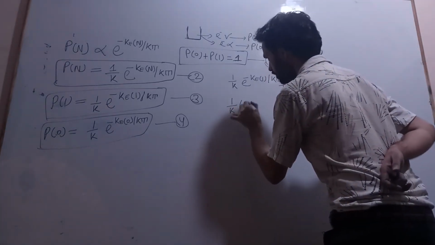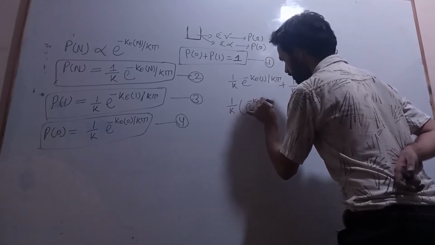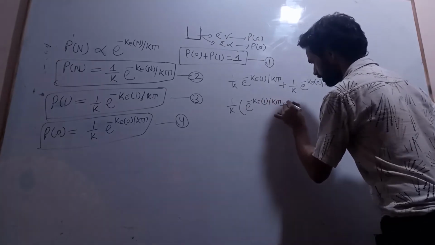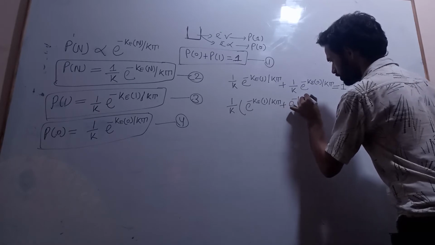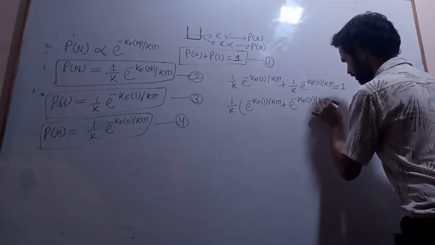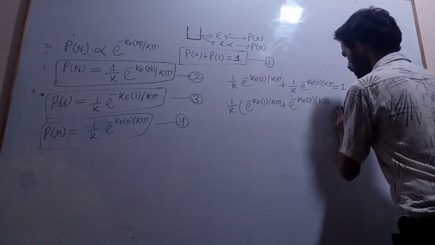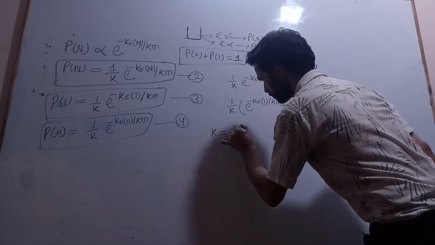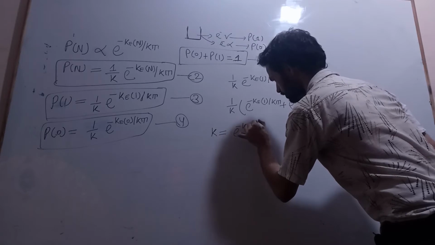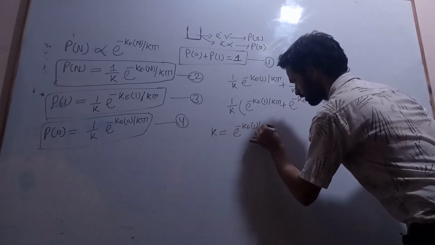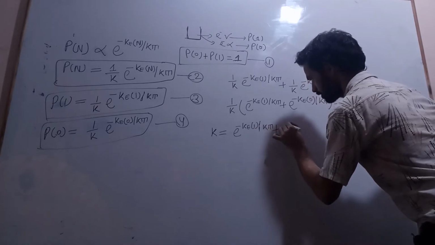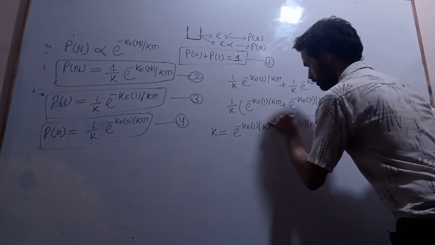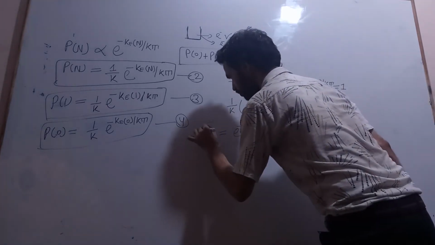Now 1 by k into e to the power minus ke of 1 divided by kt plus e to the power minus ke of 0 divided by kt is equal to 1. Now the value of k from here is e to the power minus ke of 1 divided by kt plus e to the power minus ke of 0 divided by kt. So this is the value of k.